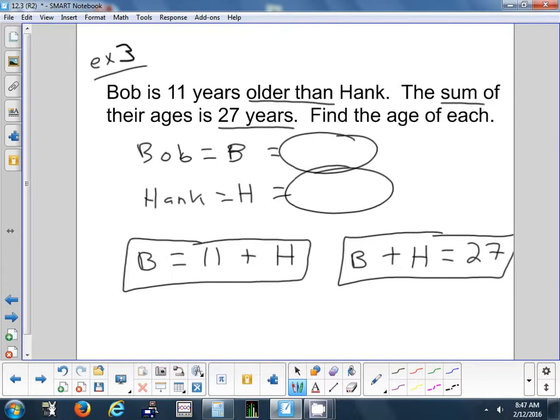Victor? What is B equal? No, it's an H. All right, so B is 11 plus H. So where am I going to fill in 11 plus H?